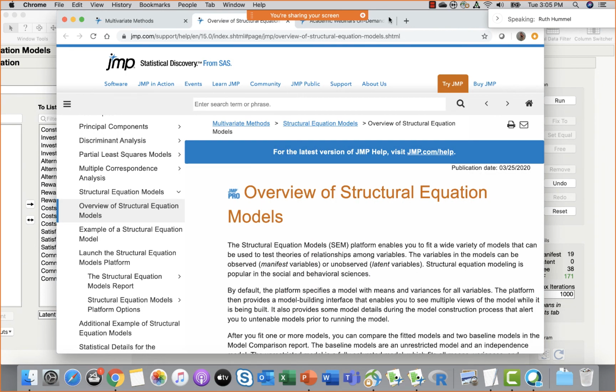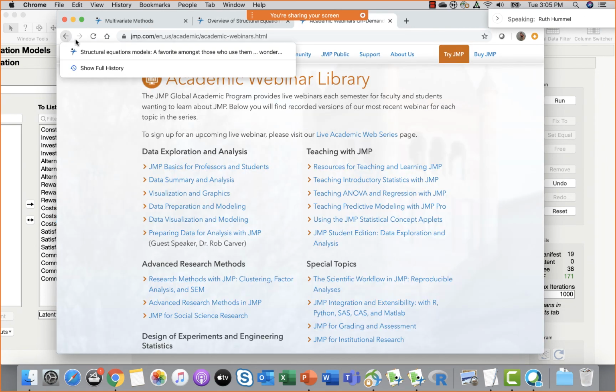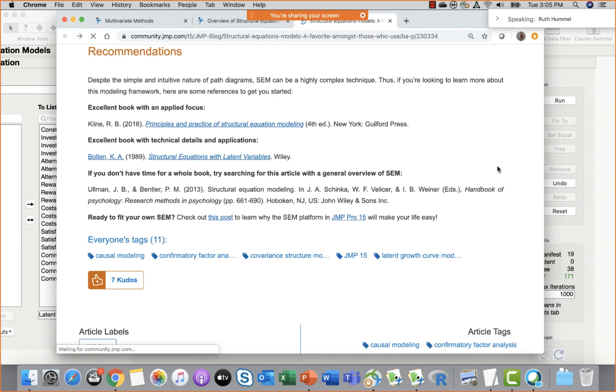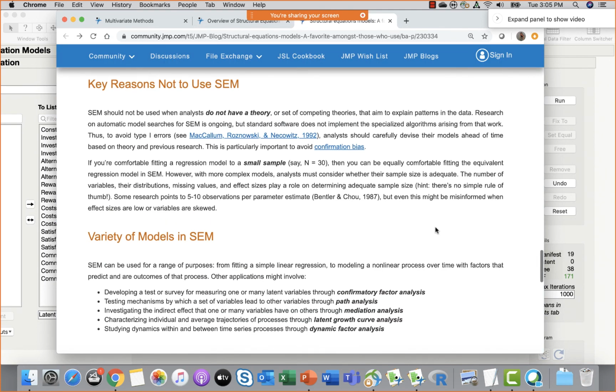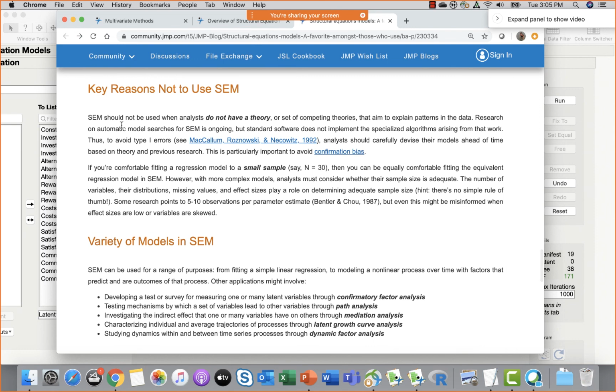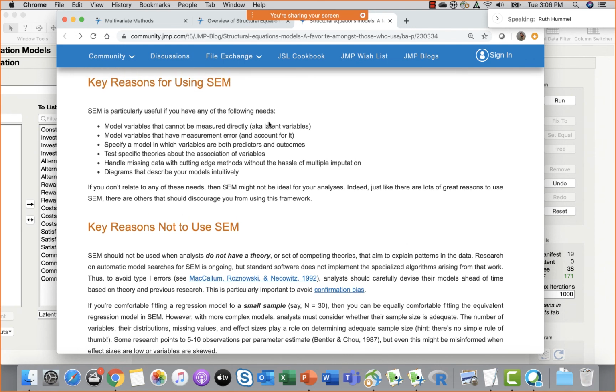That's actually something that's covered in that blog. Let me go back one. So when to use SEM, and when not to: you should not use it when you don't have a theory that tells you what those latent constructs should be that you're testing.